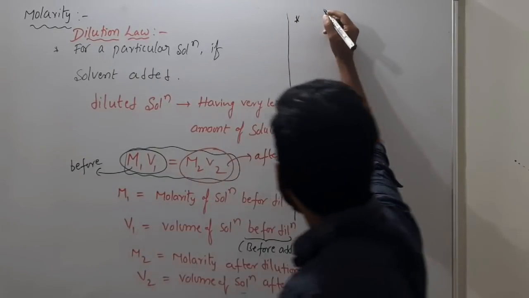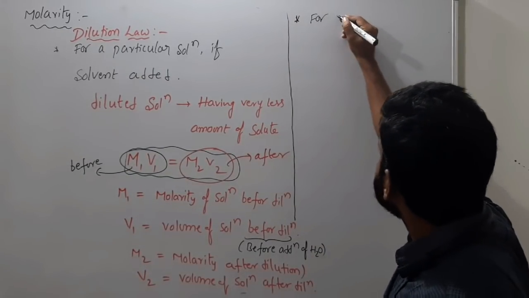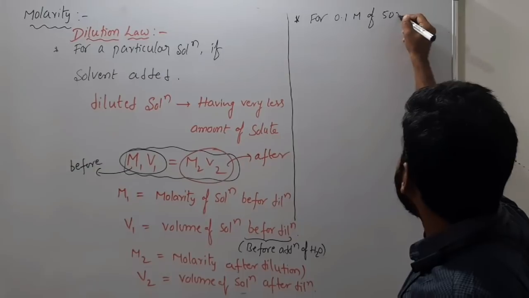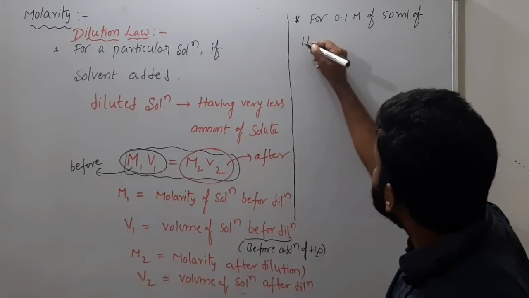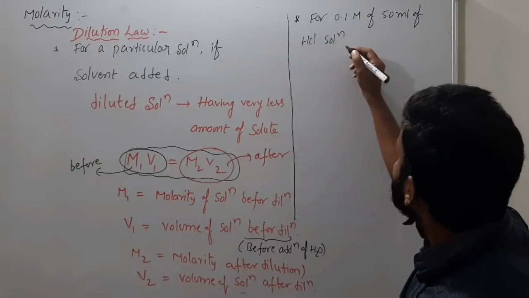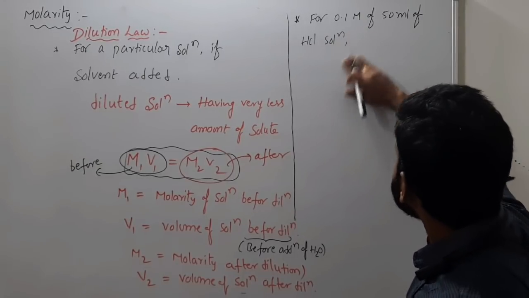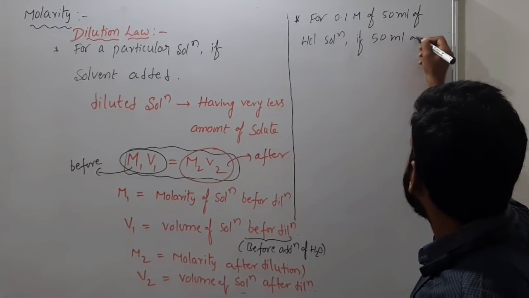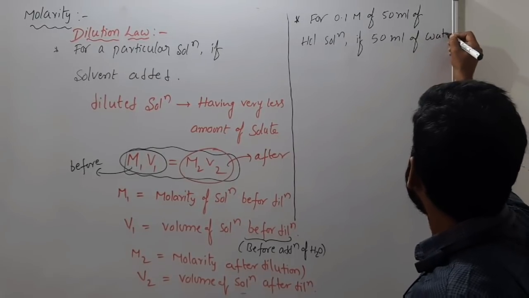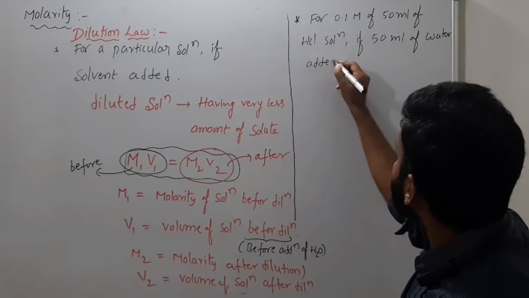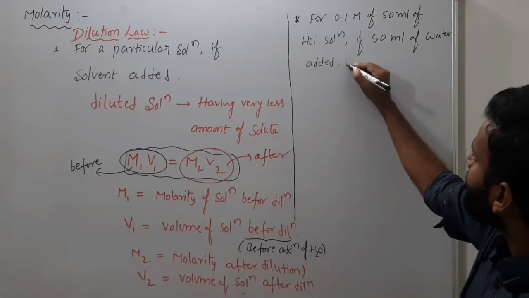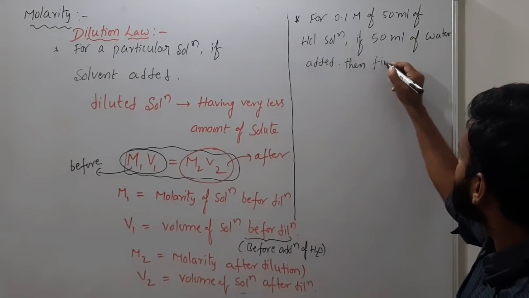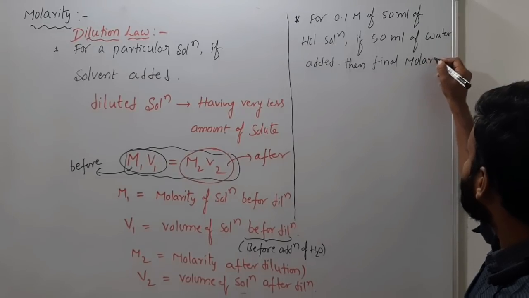See, I'm writing here: for 50 ml of 0.1 M HCl solution, if 50 ml of water is added, then what is the final molarity?